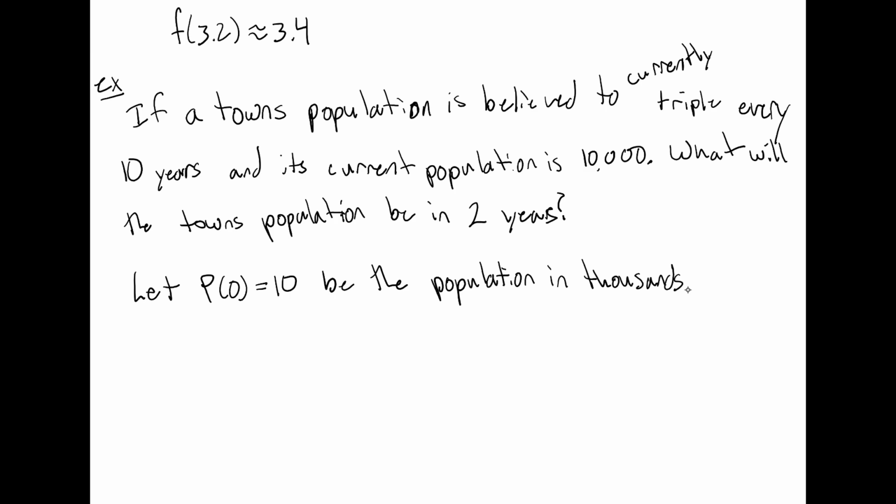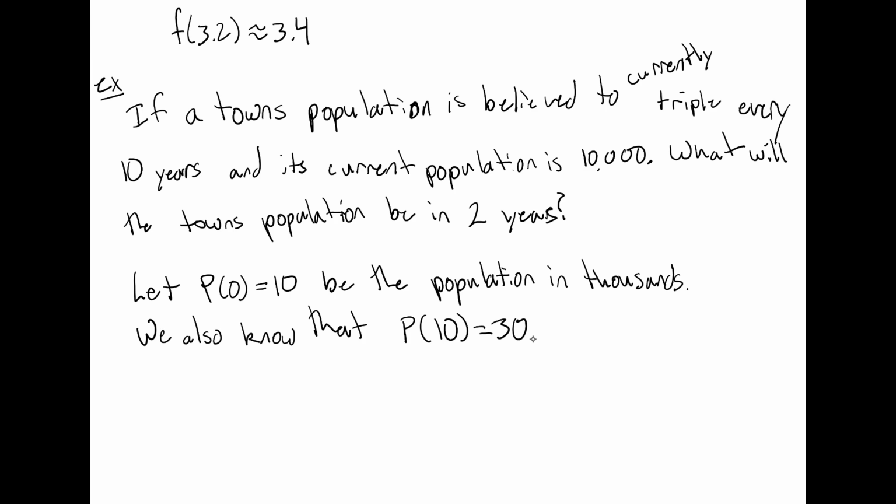So then if p of 0 equals 10, we also know that p of 10 is going to equal 30, since it's tripling every 10 years.